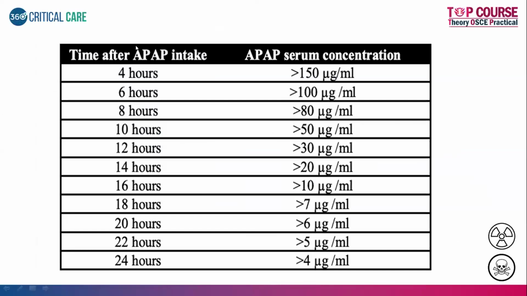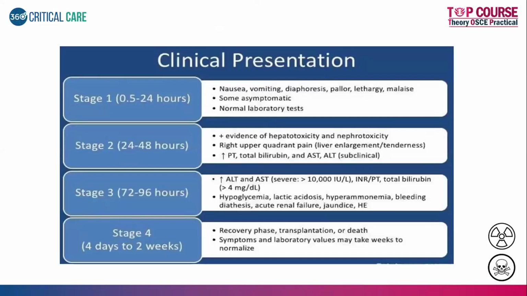As I told, at 4 hours, usually the concentration of paracetamol will be more than 150. Similarly, at 24 hours, it will be more than 4 microgram per ml. So this is about the risk assessment, one with the help of biomarkers and one with your Rumack-Matthew nomogram.